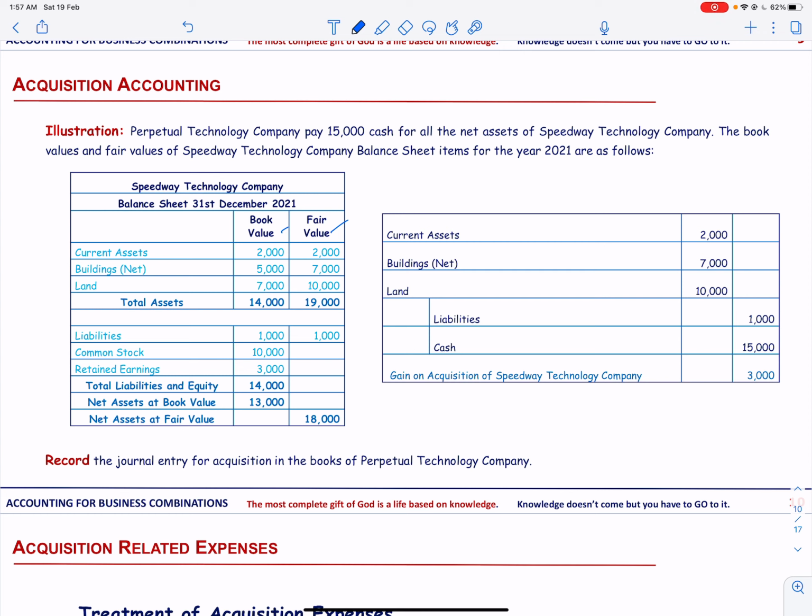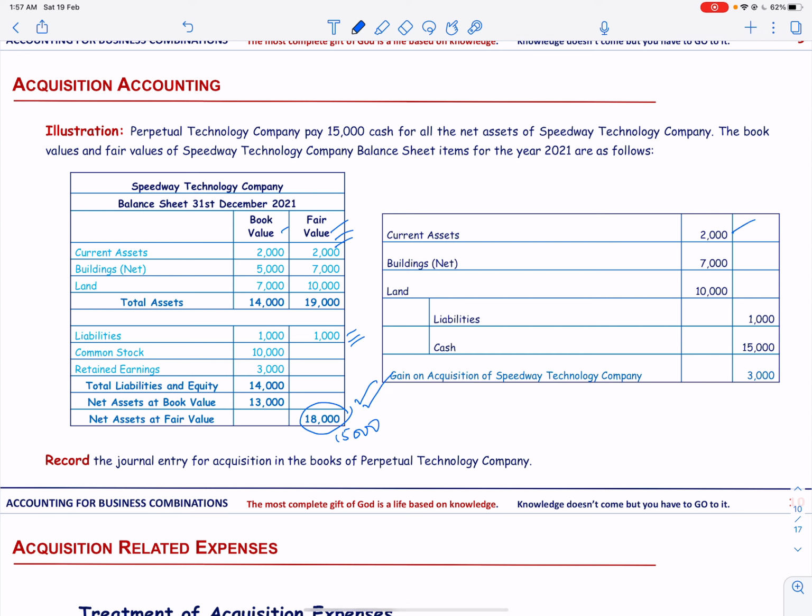So assets will be recorded at fair value, while the liabilities will be recorded at fair value. And in this case, you can see that the net assets fair value is 18,000, while the price paid is 15,000, which is less than the fair value of net assets acquired, that is 18,000.